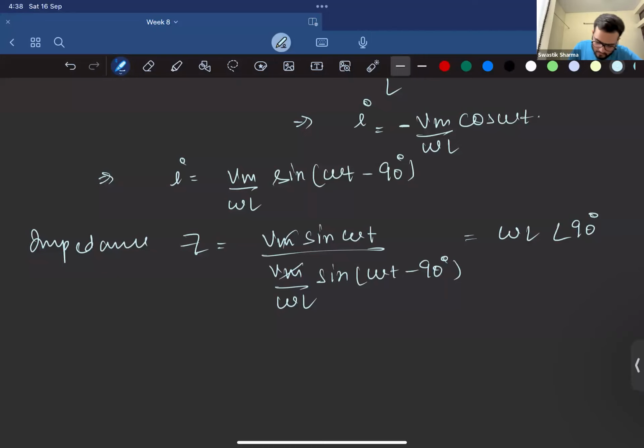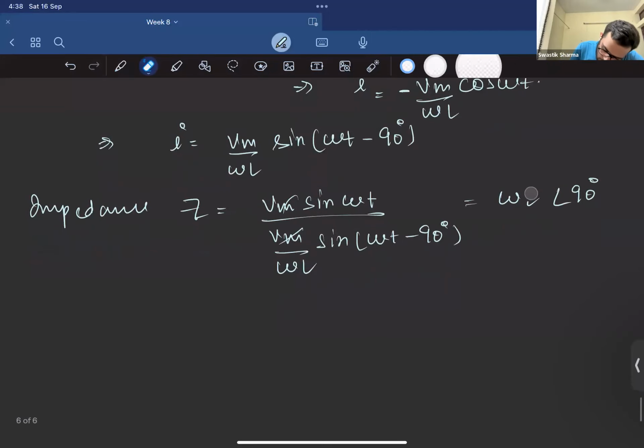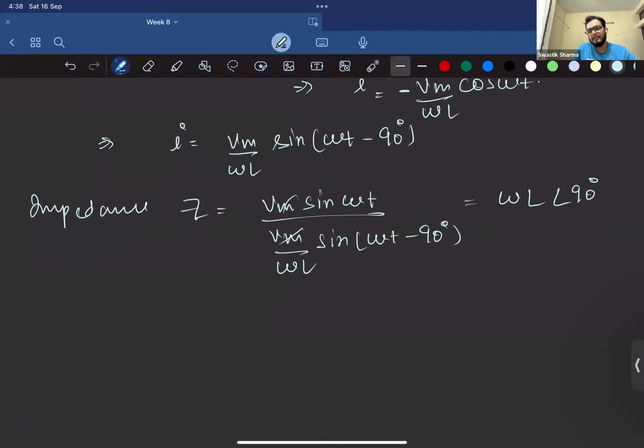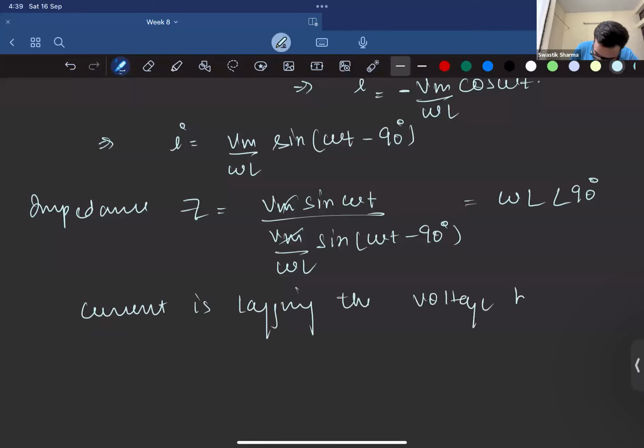It's going to be 90, right? So the magnitude of the impedance is nothing but omega L, that is the angular velocity with which the waveform is rotating, multiplied by L, and the phase difference between the voltage and the current is 90 degrees. That means the current is lagging the voltage by 90 degrees, right?